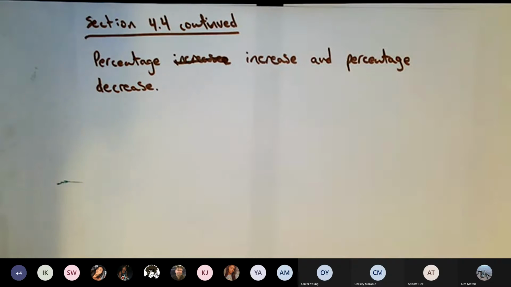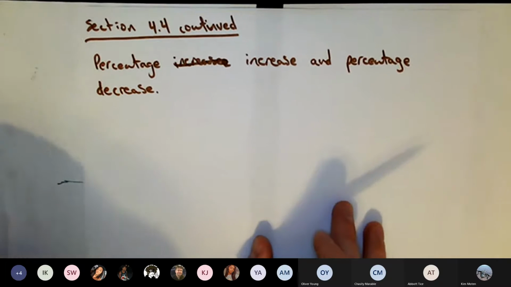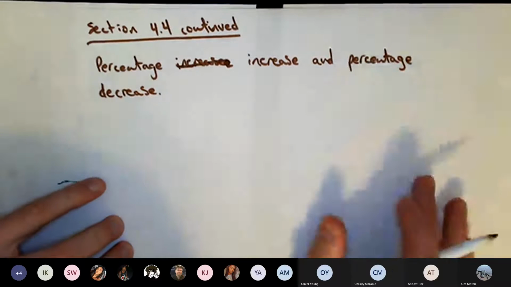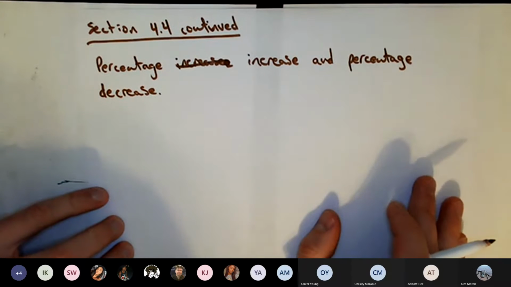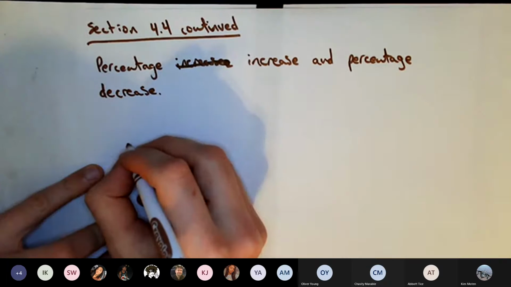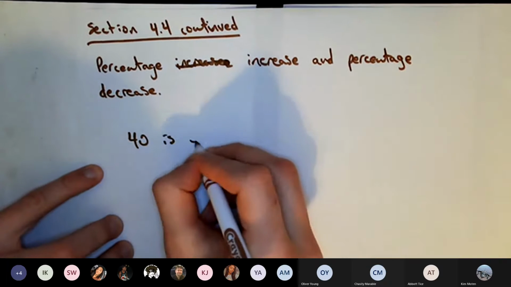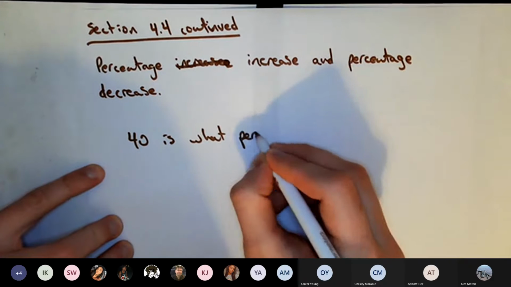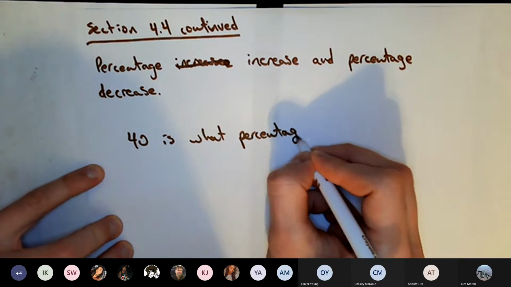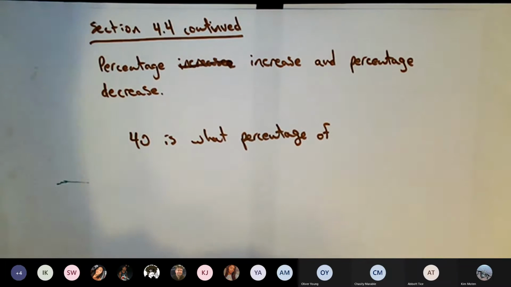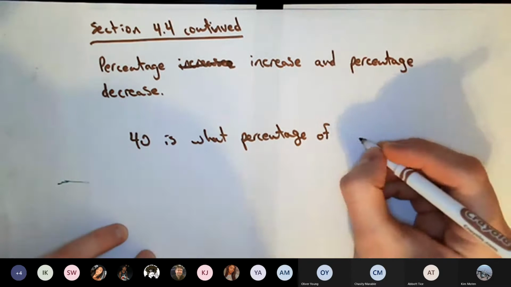So we've talked a little bit about finding missing percents. I could ask a question like, so this is kind of a throwback to section 4.3. 40 is what percentage of 200?